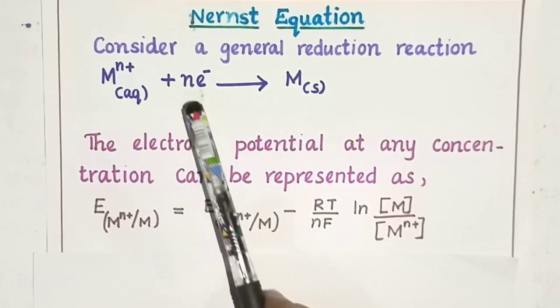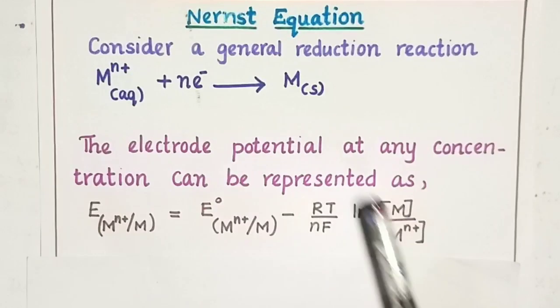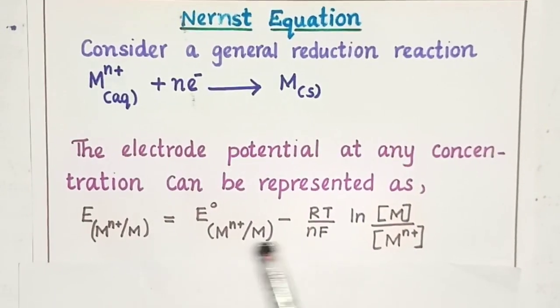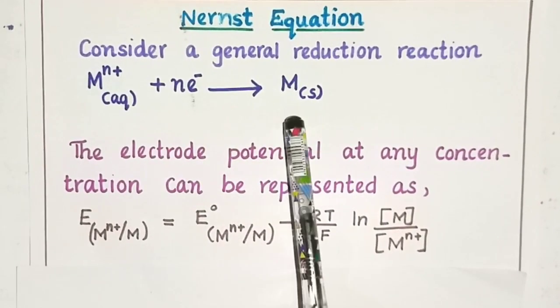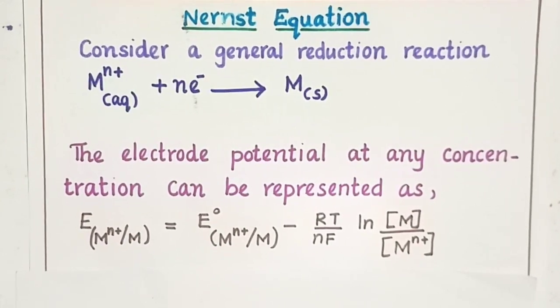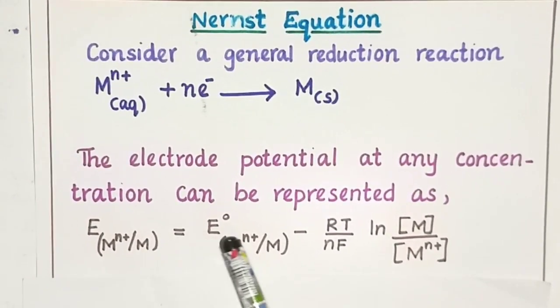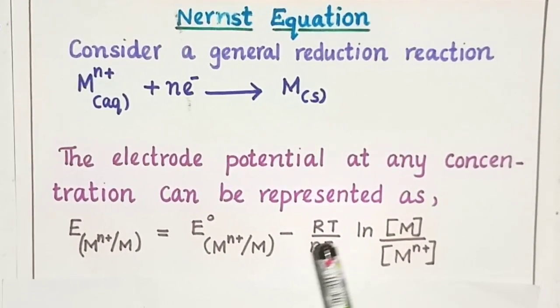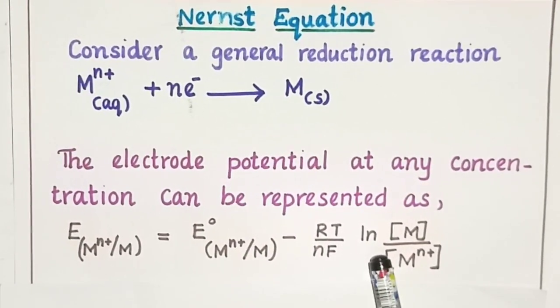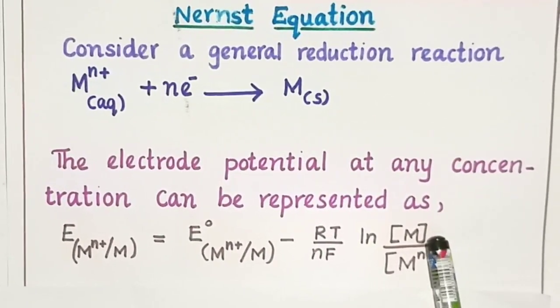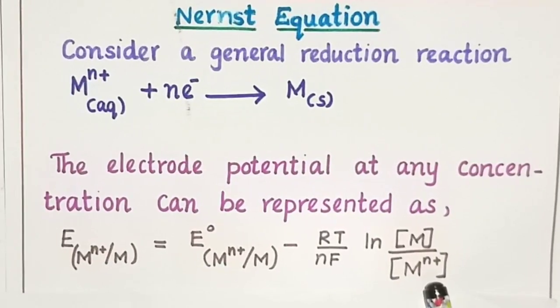The electrons are not considered. So this is the Nernst equation for this reduction reaction. E cell is equal to E0 cell minus RT by nF ln concentration of products by concentration of reactants.